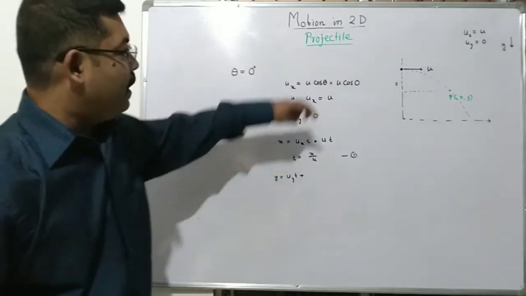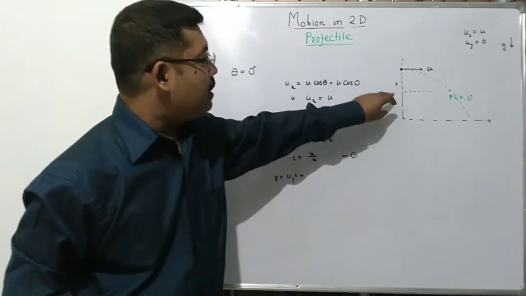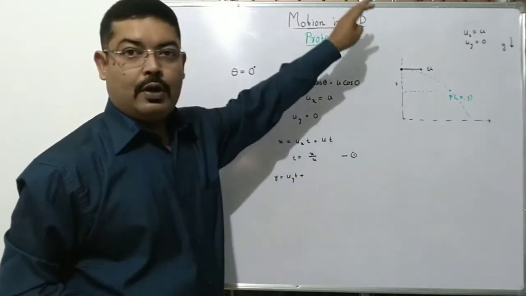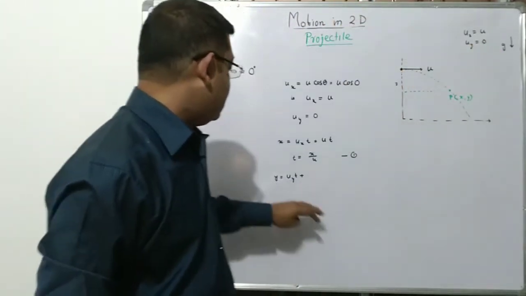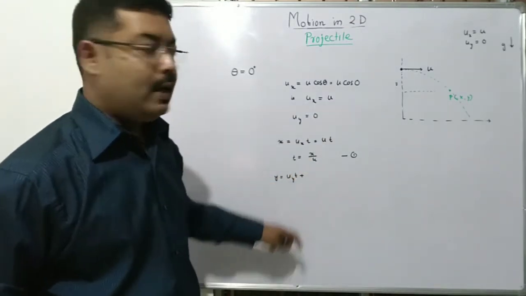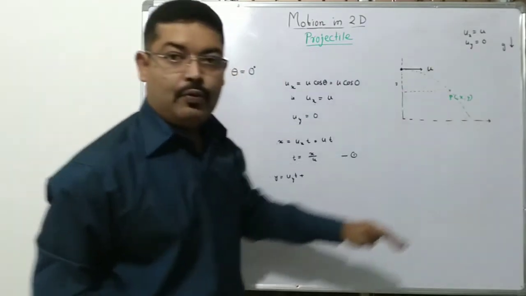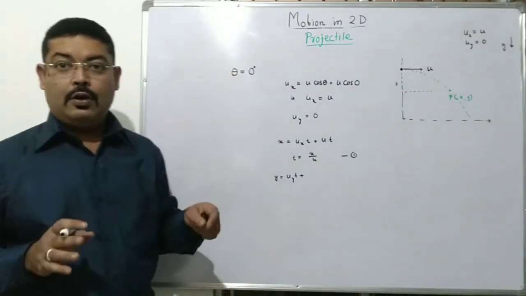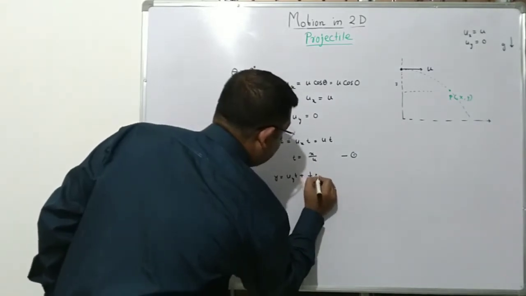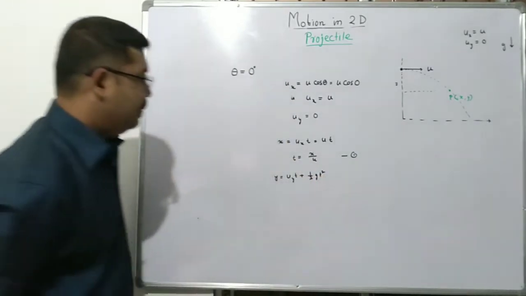Since the object is moving downwards, there was no initial acceleration in the y direction, no upward acceleration, so uy will be equal to 0, or the first term will be 0, and under gravity the object will keep on moving downwards if we consider only the y component. So we are left with half g t squared.